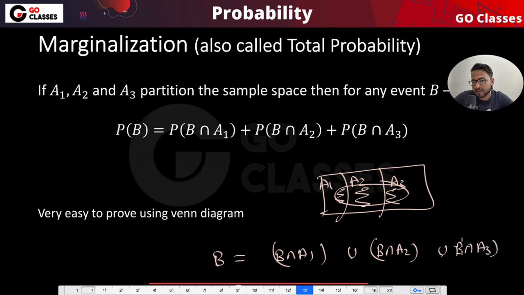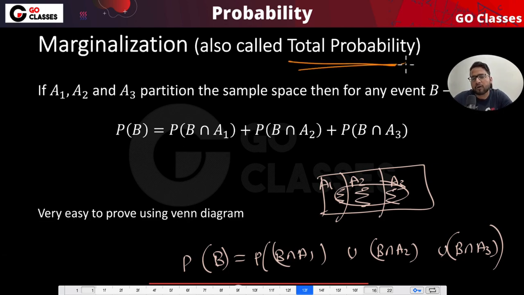Since these are disjoint, the union can be converted into plus. That's how very easily we can prove it. We just did the proof. This law is also called the total probability law. Although some people like to call it marginalization, those being ISC professors. But generally we call it total probability law. Cool.